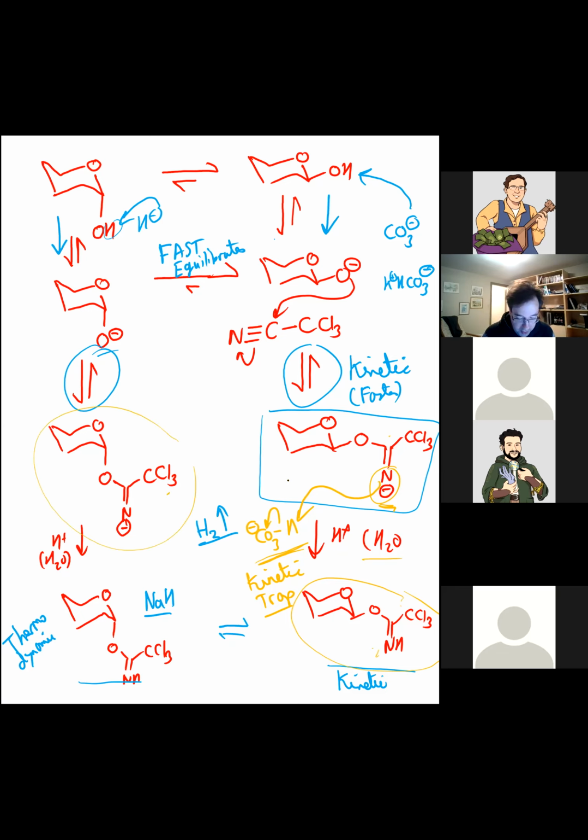If I'm comparing these two structures, it's not the best thing in the world. It's not the strongest anomeric effect. But CCl3 pulls like crazy, like it's just hauling electron density. Yes, there's a full negative on this, but it's over on this nitrogen over here, so we can still donate electrons into this.